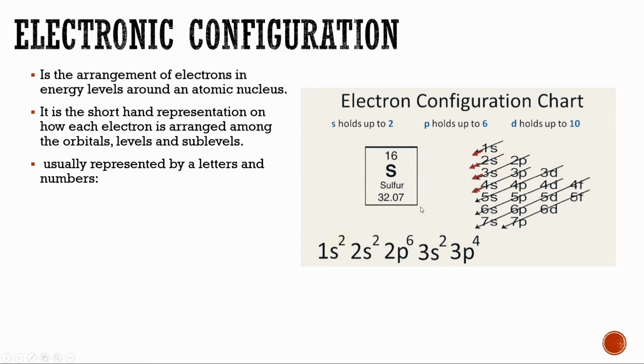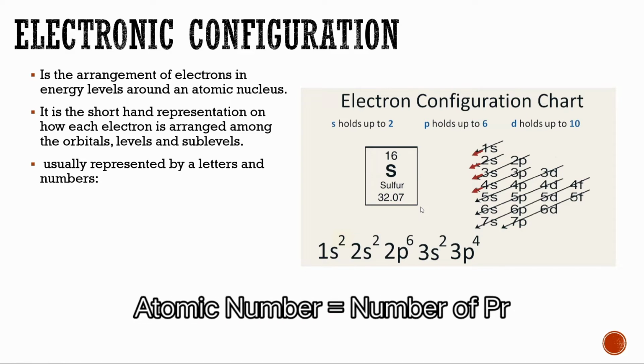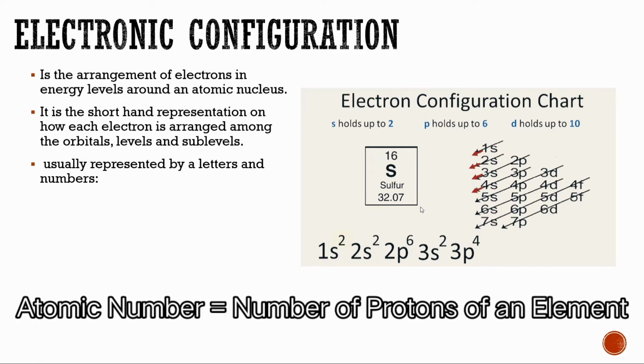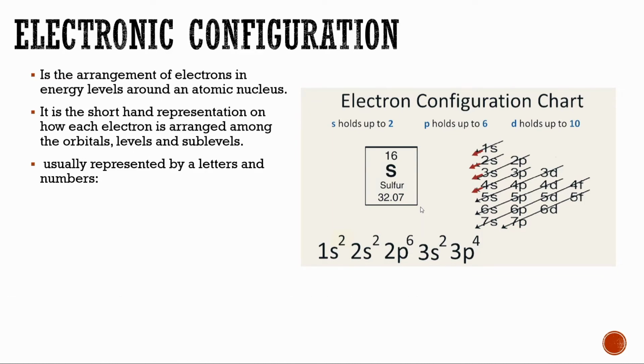Okay? So, class, tandaan ninyo ang atomic number, it represents the number of protons. The number of protons. So, if 16 ang atomic number ng sulfur, meaning to say, meron po siyang 16 numbers of proton.